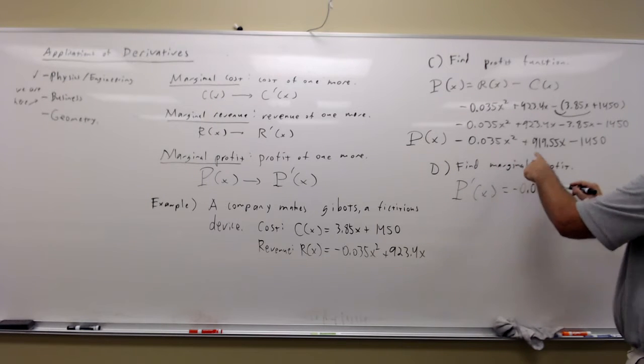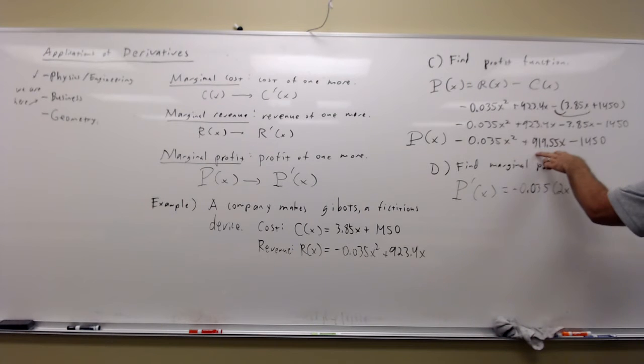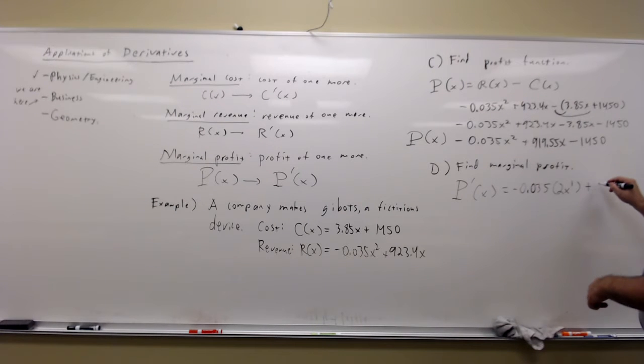Derivative of this is 2x, the first. The derivative of something times x is just the something. And the derivative of the constant is 0.